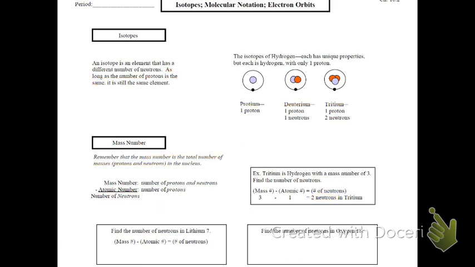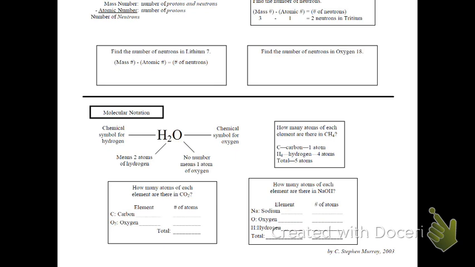Okay, the bottom part of this, they've written this in molecular notation. So molecular is for molecules. What is a molecule? An atom is just one thing.